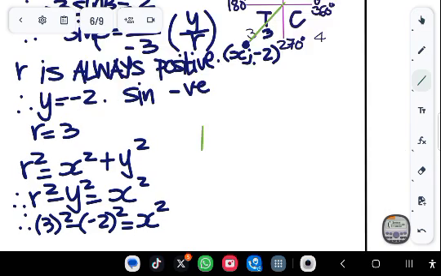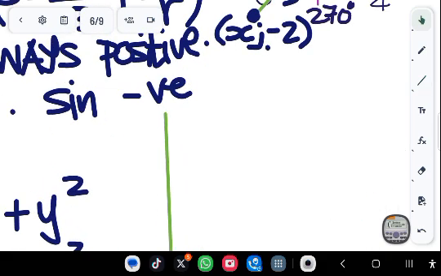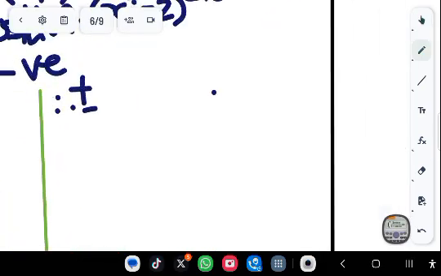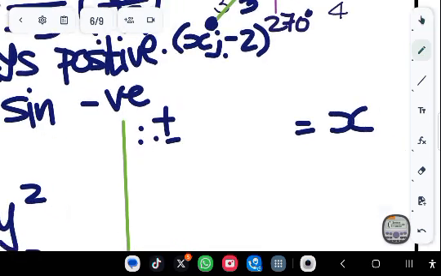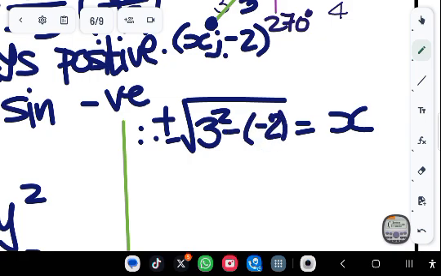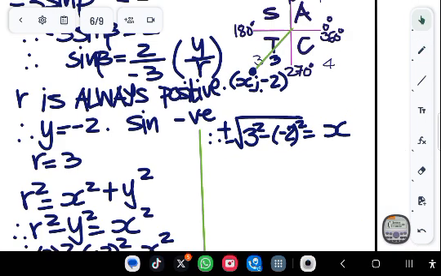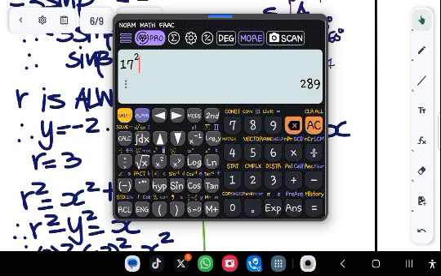Now therefore plus or minus will be equals to x. So let's use the square root, plus or minus the square root of 3 squared minus negative 2 all squared. Okay, use a calculator. Makes life so much easier.